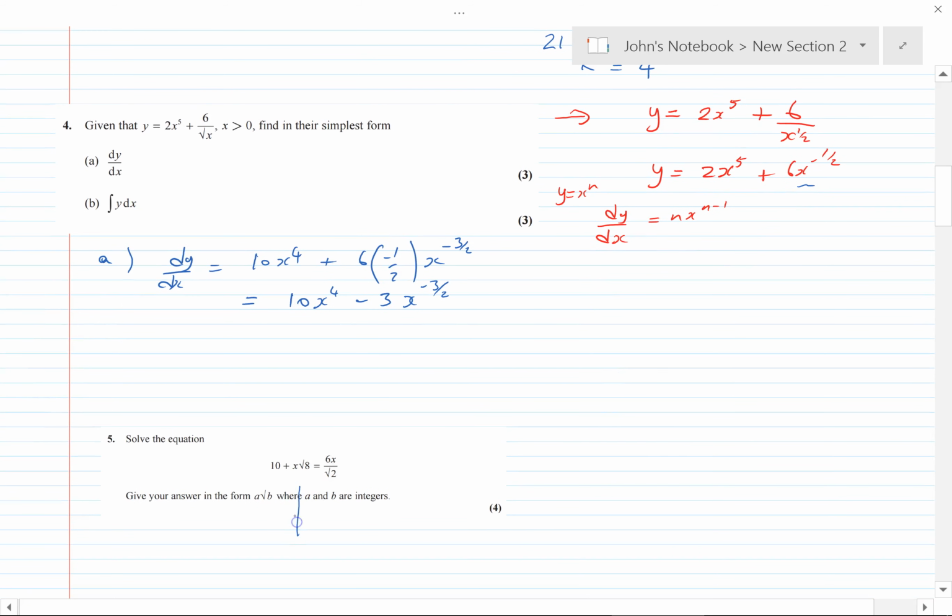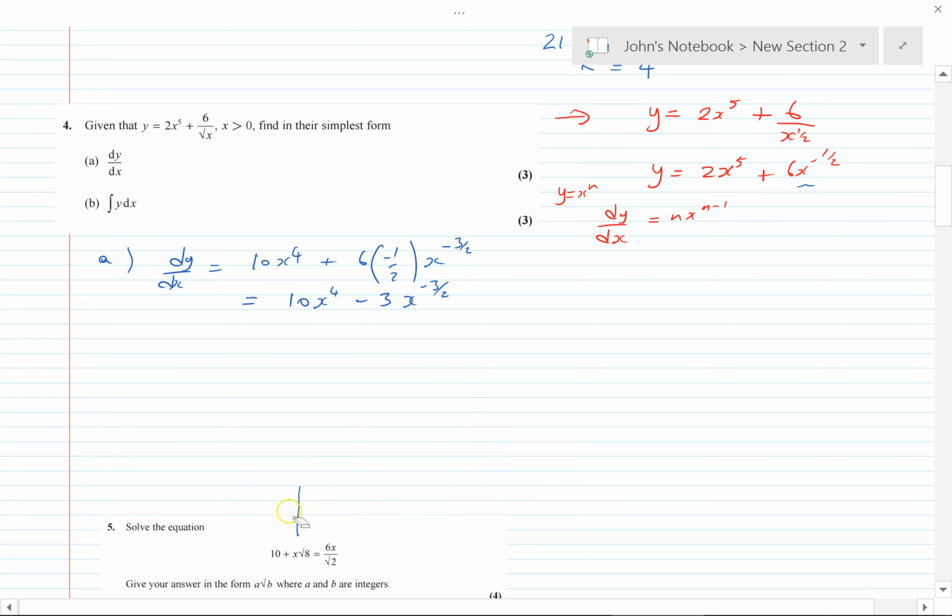Now the second part is down a bit. Integrating. Now the integral of x to the n dx is equal to, this is the opposite of differentiating, add 1 to the power and divide by that number, add c. So we're integrating 2x to the 5 plus 6x to the minus half dx.